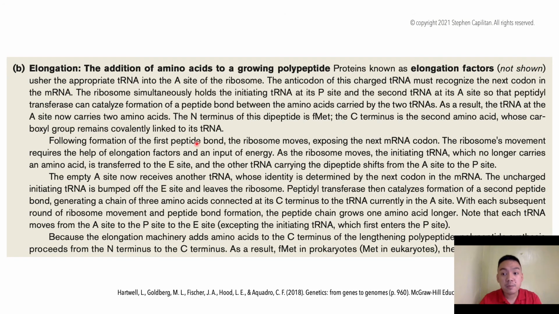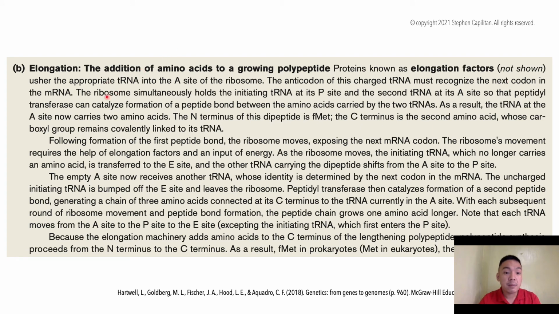So the next process is what we call elongation. This is the addition of amino acids to the growing polypeptide, and the proteins involved here are the elongation factors. Although not shown, they usher the appropriate tRNA into the A site of the ribosome. The anticodon of this charged tRNA must recognize the next codon in the mRNA.